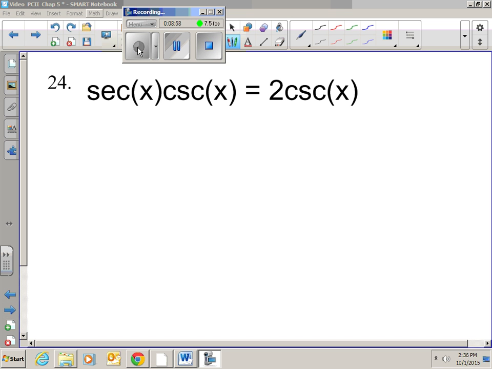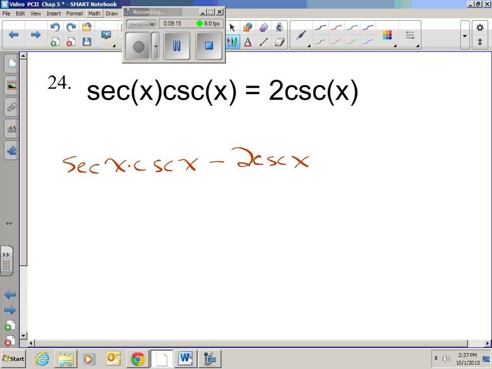Okay, this next one here, again, I'm probably going to look to factor at some point, so I'm going to move all my terms to one side. So I'm going to have secant x times cosecant x minus 2 cosecant x equal to 0. Okay, I'm going to factor out my cosecant x from both of these terms.